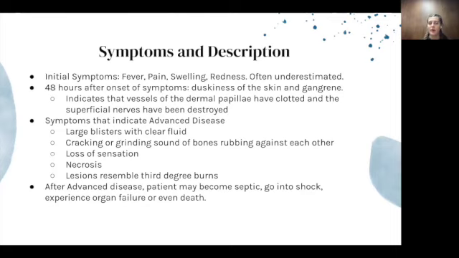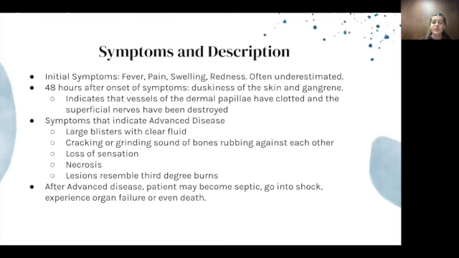But then 24 to 48 hours after the onset of your initial symptoms, you might have duskiness of the skin and gangrene, which indicates that the vessels of the dermal papillae have clotted, and also that your superficial nerves have been destroyed. Once you enter the advanced stage of your disease, your symptoms are a little different as well.